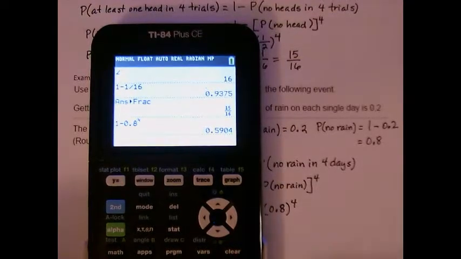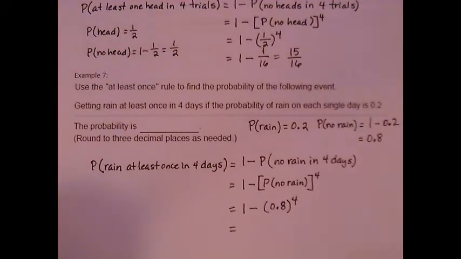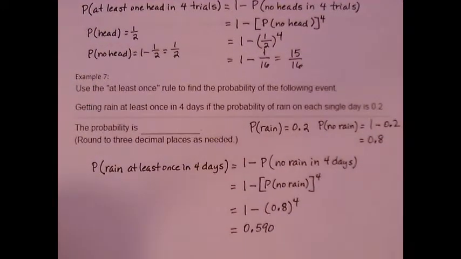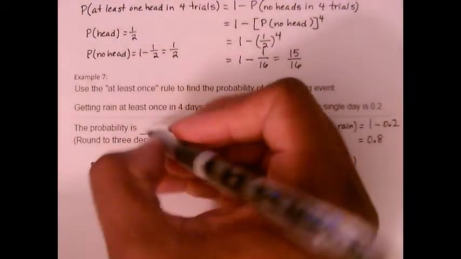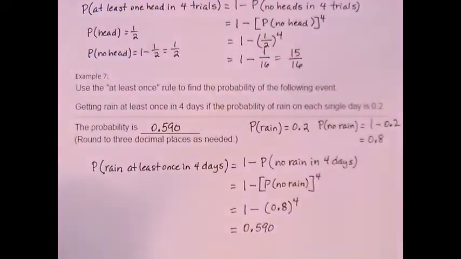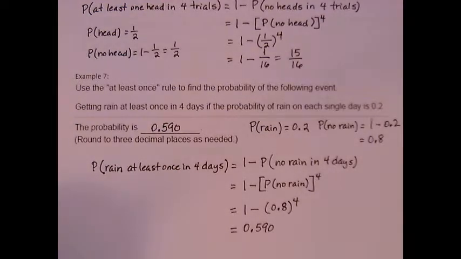And to 3 decimal places, this will be 0.590. Okay, that represents the probability of getting rain at least once in 4 days. So make sure you round to the number of decimal places that the homework specifies. Okay?